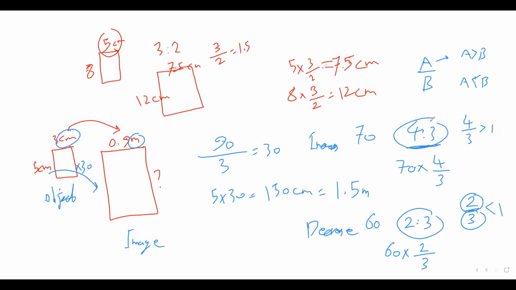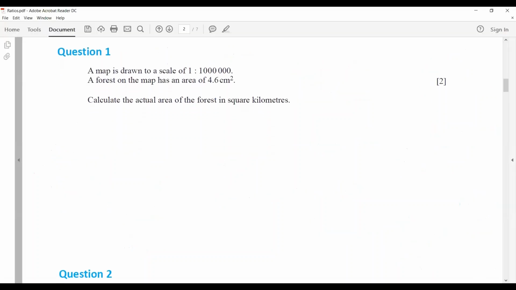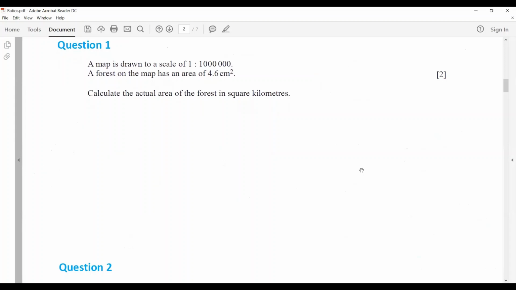So having said that, let's do some past year paper questions regarding this topic, and you would get to see how the questions look like in the exam. All right, here we got some questions. Let's start with question number 1.